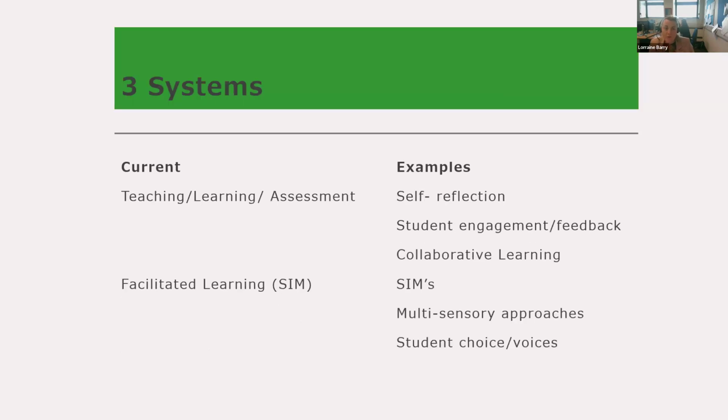The third one was probably the easiest one to see concrete examples of where we have aligned our system. So what do we have in place currently that aligns with the framework? So for me, within the systems, one of the part of the definition is that teaching, learning, and assessment evaluation. So one of the key examples that we can offer is that self-reflection that is key to our profession.